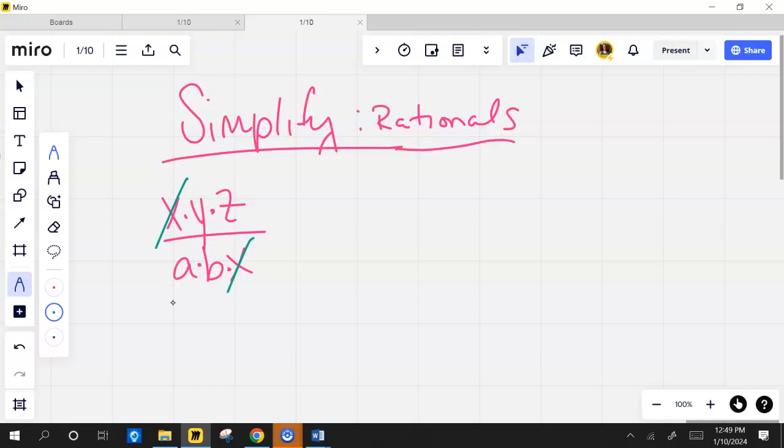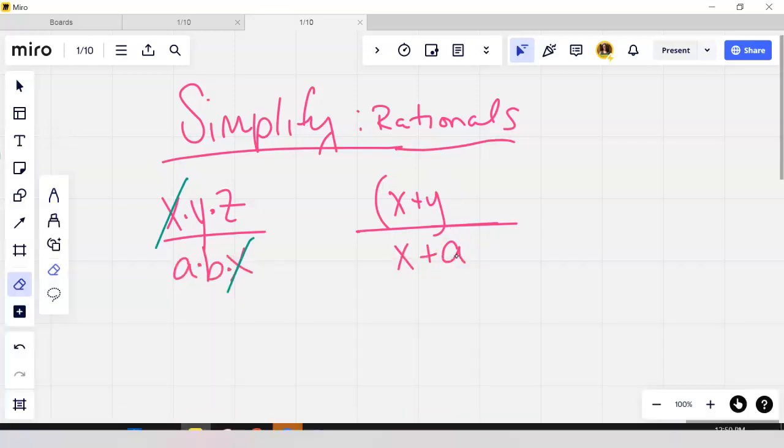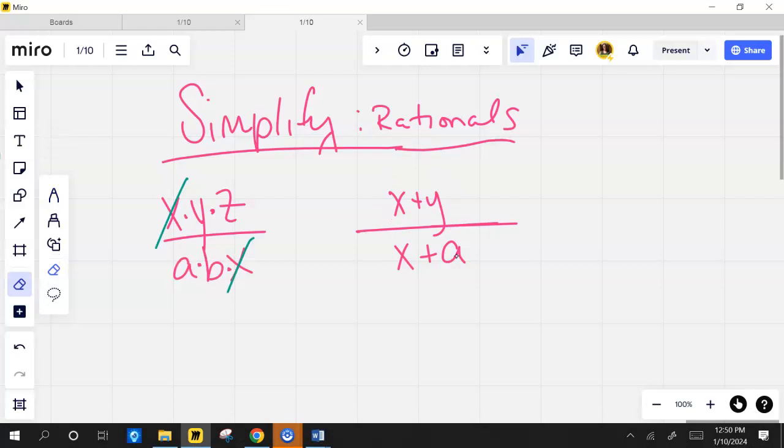Okay. Now be very careful, because if this was x plus y over x plus a, could I cancel out y? They're being added, or you'll kill a kitten. Don't kill a kitten.